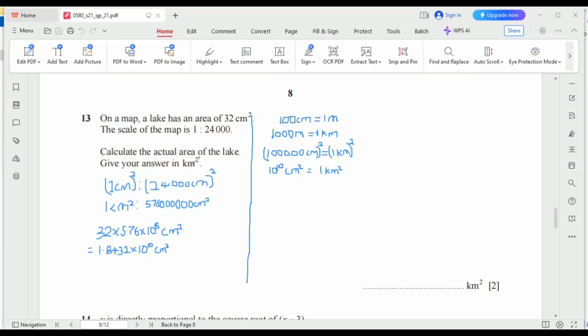But we need to give the answer in kilometers squared. We already know 1 kilometer squared makes 10 to the power of 10 cm squared. So to change this to kilometer squared, we divide by 10 to the power of 10, and we'll get our answer in kilometers squared.